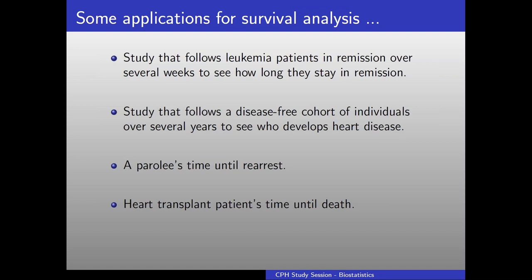Or you might follow heart transplant patients until that person eventually dies. Many of these tend to be clinical in nature. One public health application that's gotten attention recently is hospital readmissions. Under the Patient Care Act, there is a penalty for repeated 30-day readmissions into hospitals, so you might track the time until somebody is readmitted into a hospital.